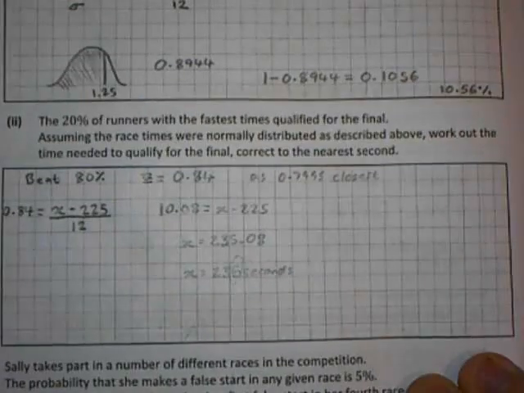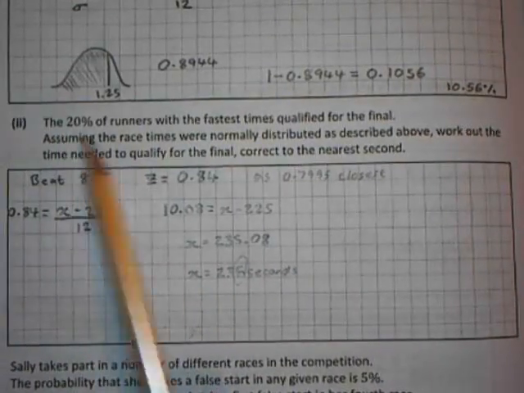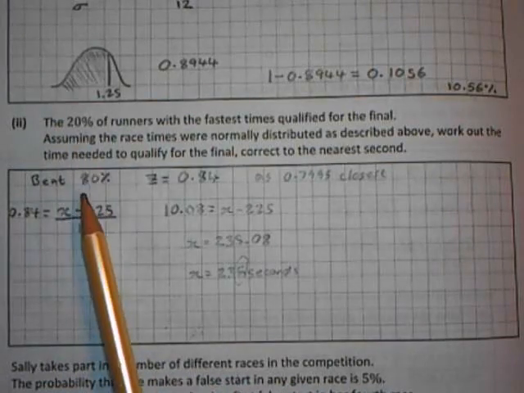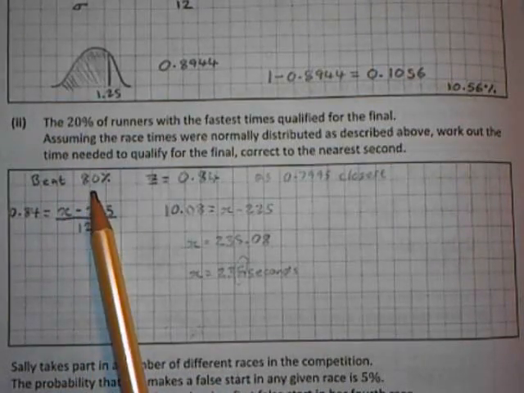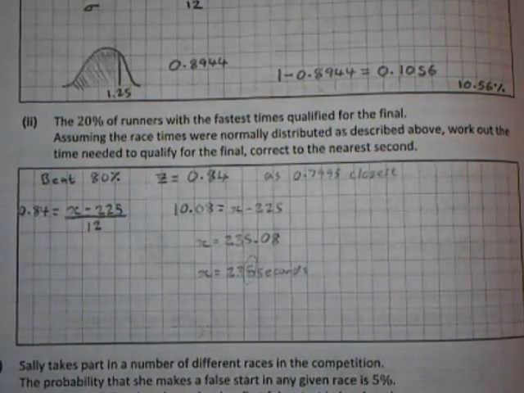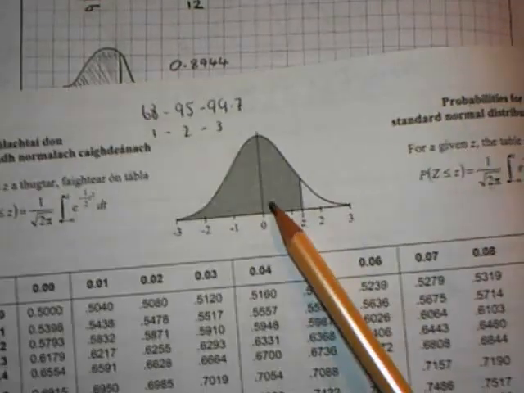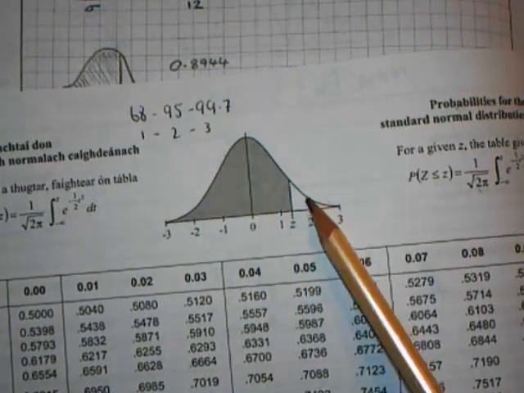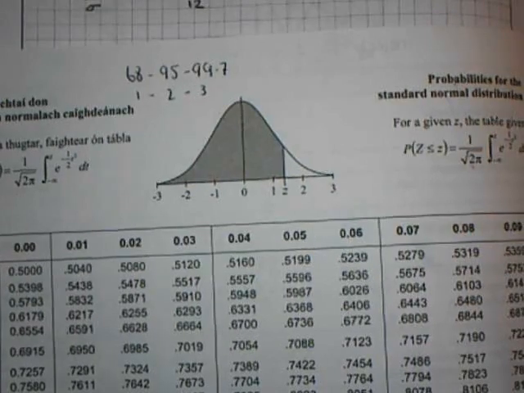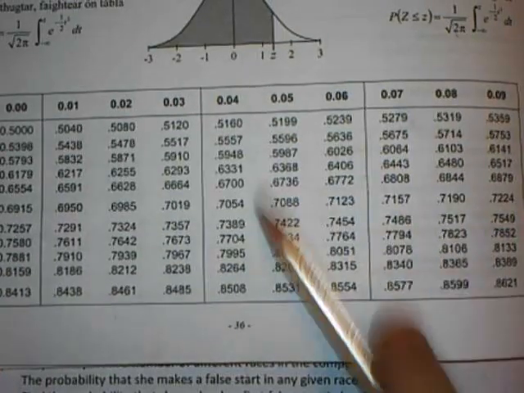Okay, on to the next part. So the 20% of runners with the fastest times. So if you're in the top 20%, that means that you beat 80%. And the reason why we're looking at how many we beat is, again, we're looking for this shaded bit. So if you're in the top 20, the shaded bit needs to be 80. Okay, so because they've told you that, then we can look up 80% in here.